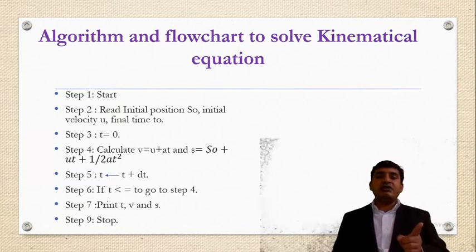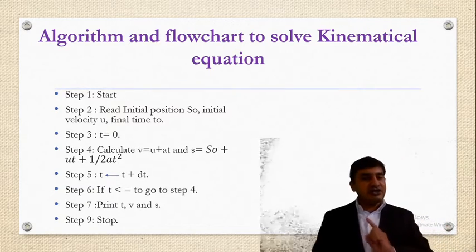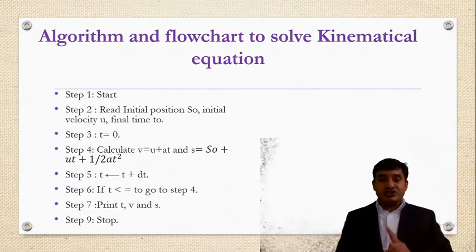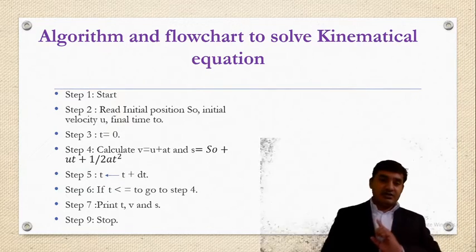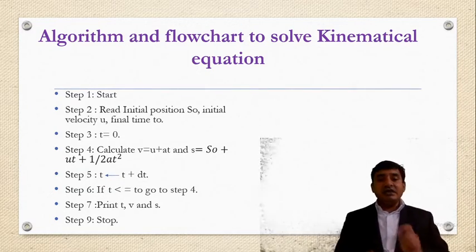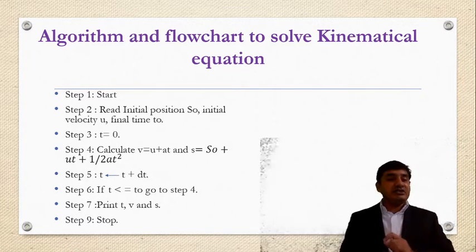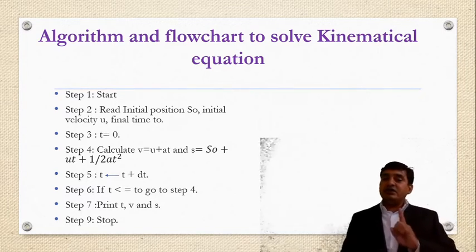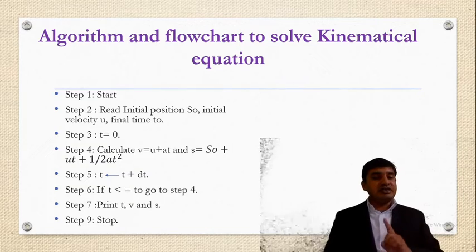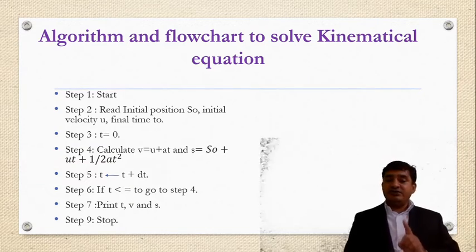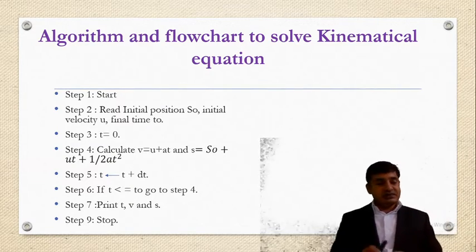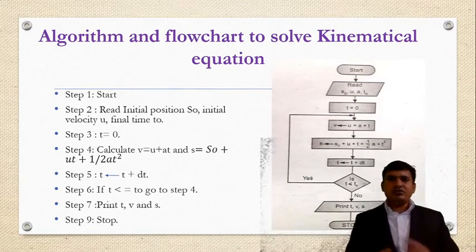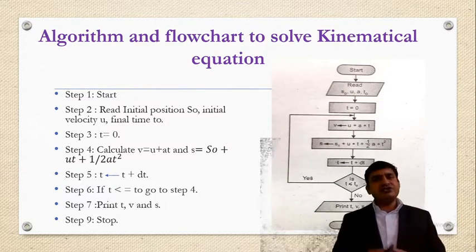Again calculate v, the final velocity, and the final position or displacement. If t is greater than t0, then print t, that is time, final velocity v, and position s, then stop. Now, the flowchart. First step is start.